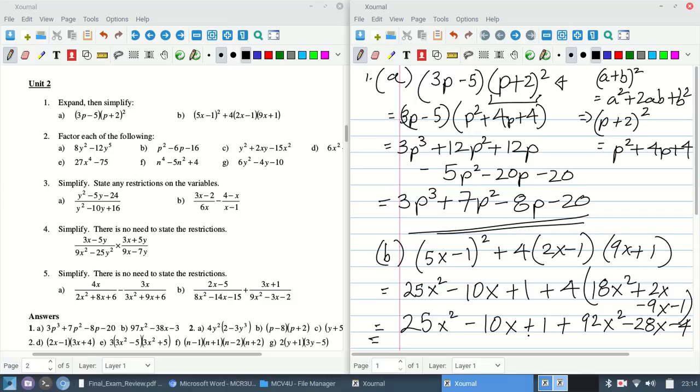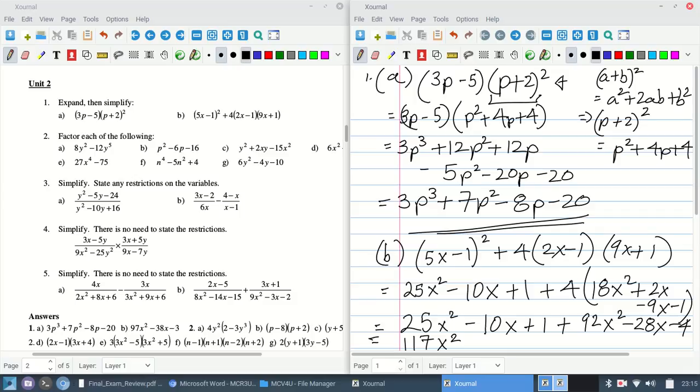So I'm going to collect like terms, so 25 plus 72. Okay, I can't really do that in my head, but one thing I can do is I can do 25 plus 100, that's 125, and then to get this, I just subtract 8 because 92 is less than that. So 125 subtract 8, that is 117. Right? So 117x squared.